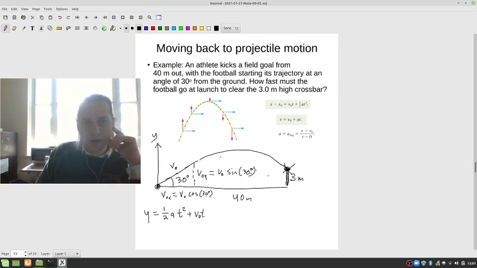So there's your y, and there's your x. And then I have my x equals v naught, and let me make sure that I'm being clear here, this is v naught in the y direction times t. And then here I have my final position is v naught x times t.